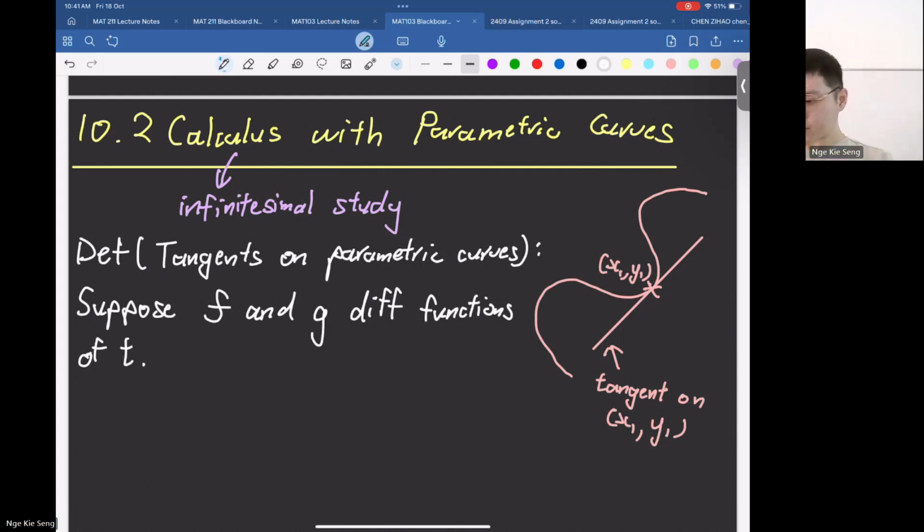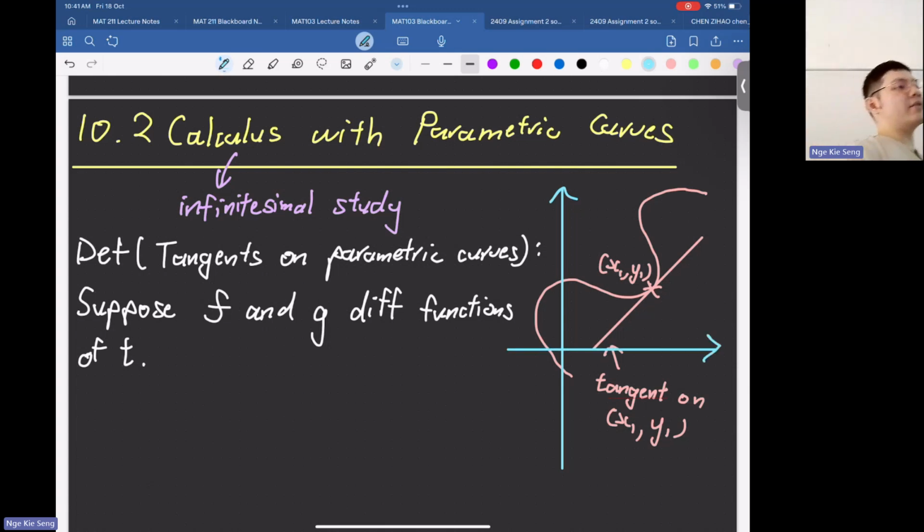Then what? Remember that this curve we always draw in this chapter is a plane curve. Plane curve means what? What is the plane? The plane is the R2 plane. In R2 we have two variables x and y. So this is a curve on a plane. Sorry, this is a line on the plane.